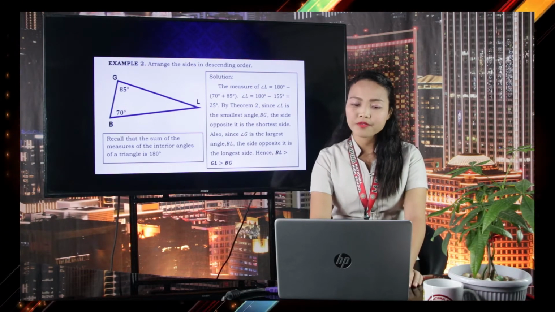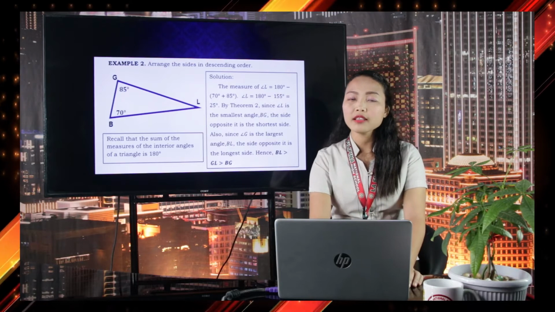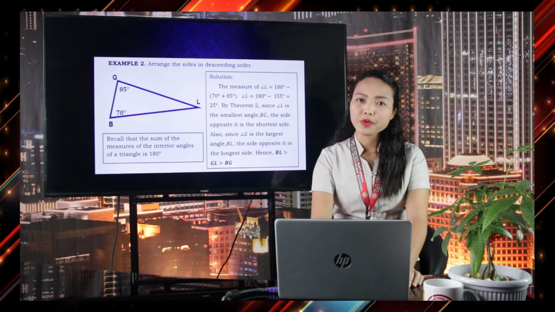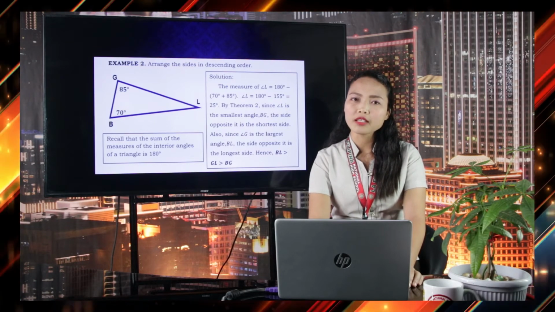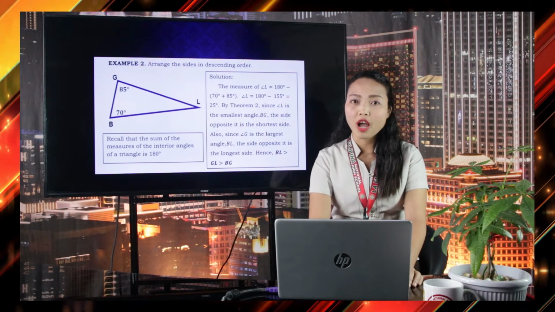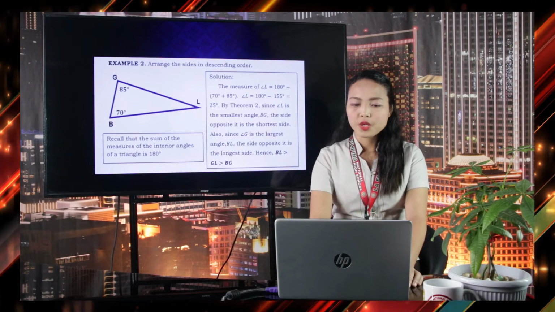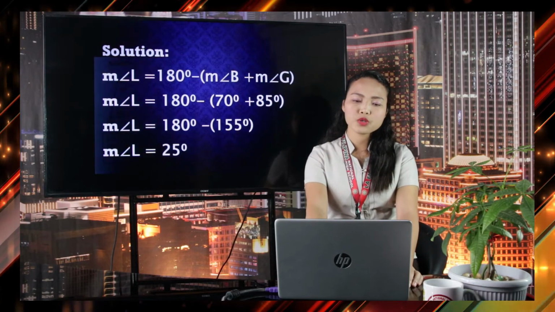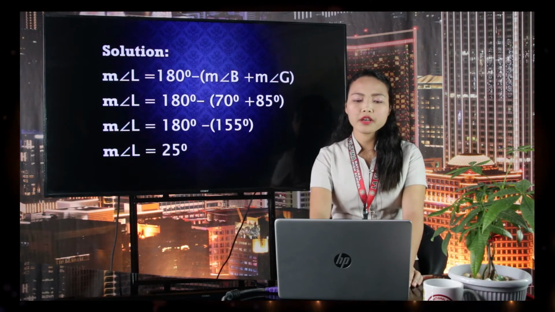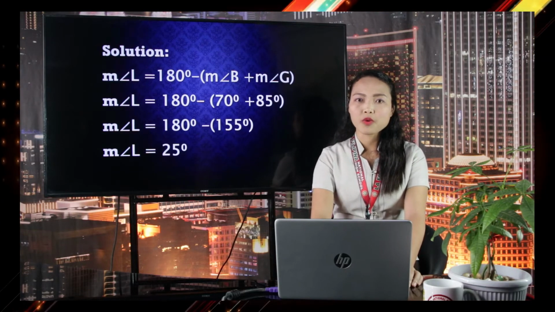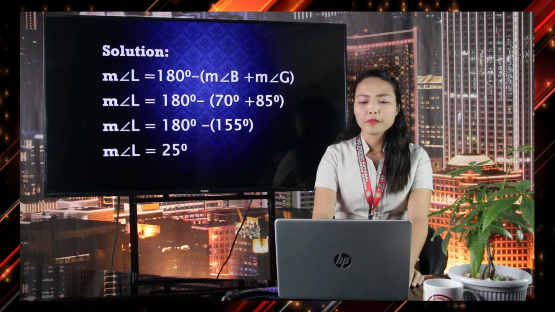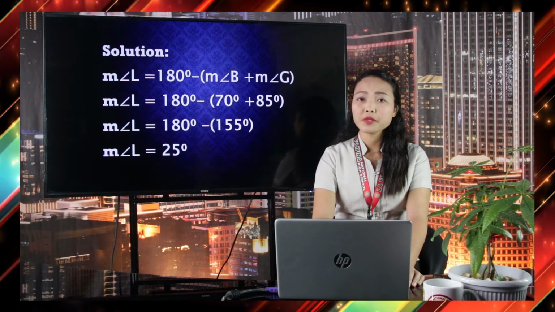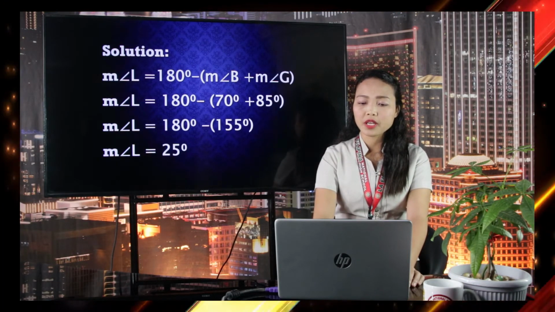Therefore, measure of angle L equals 180 degrees minus the sum of measure of angle B and measure of angle G. So measure of angle L equals 180 degrees minus (70 degrees plus 85 degrees).